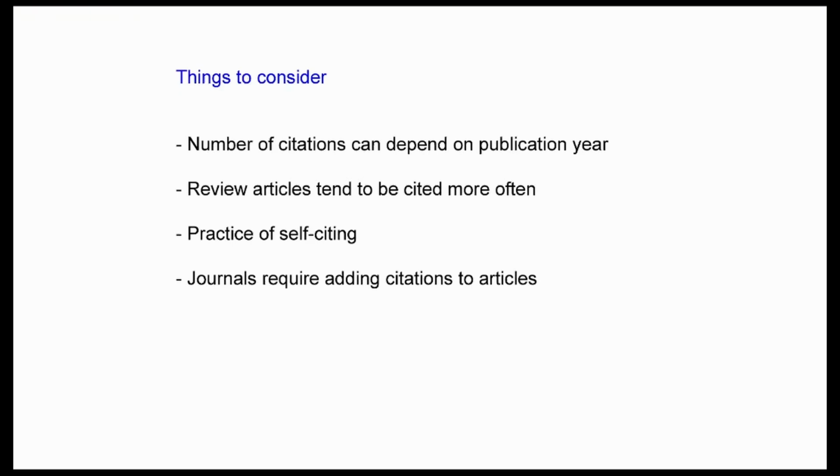If you want to submit to a journal but you don't quote the journal itself, it's going to be a little more difficult. So I would recommend to use that.